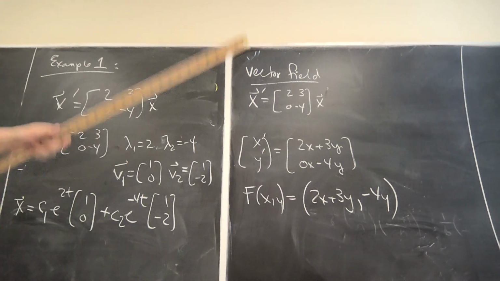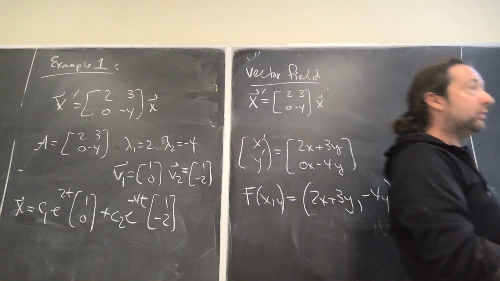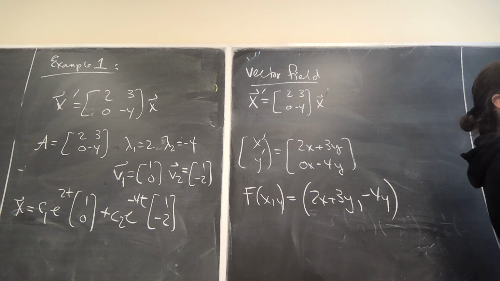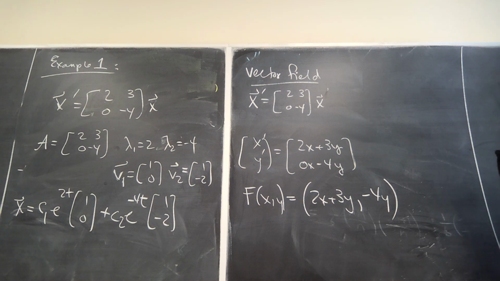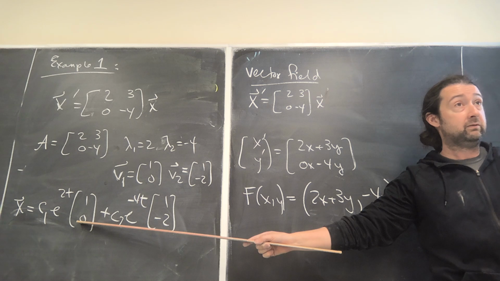It shouldn't be a surprise to you. When I look at this vector field, if I got stuck on one of these straight lines, I can't leave. If I'm on this line, I'm just on it. What direction do I move from here? Well, I go this way, and I go this way forever. This straight line solution is the line dictated by this eigenvector.